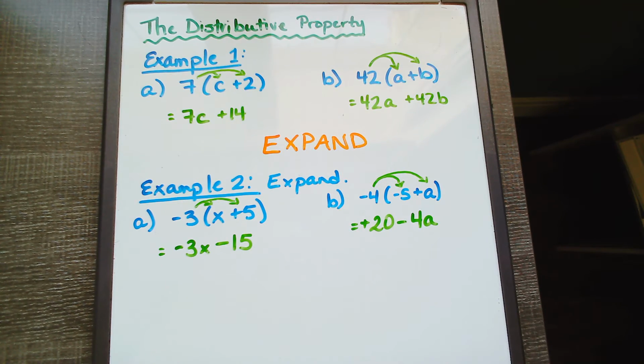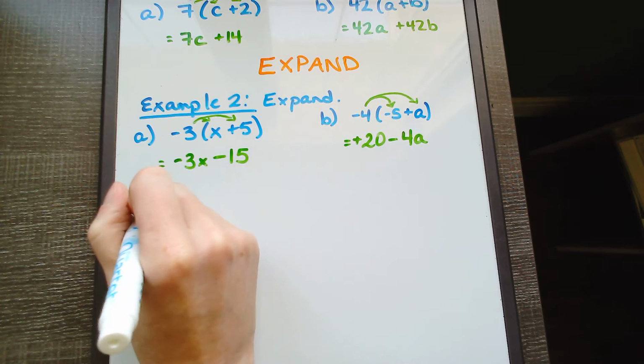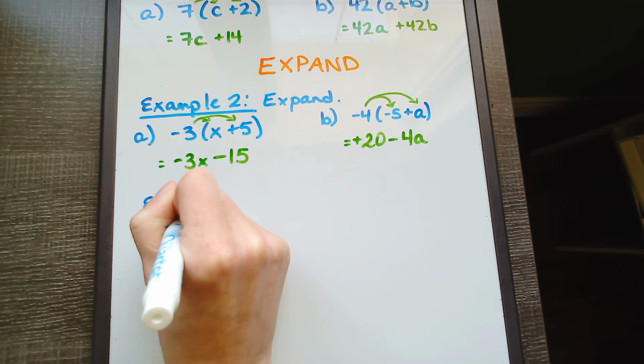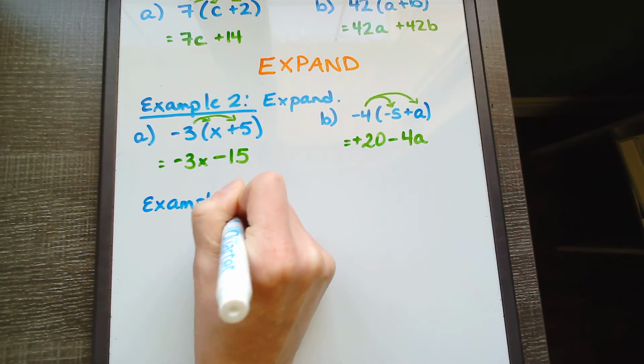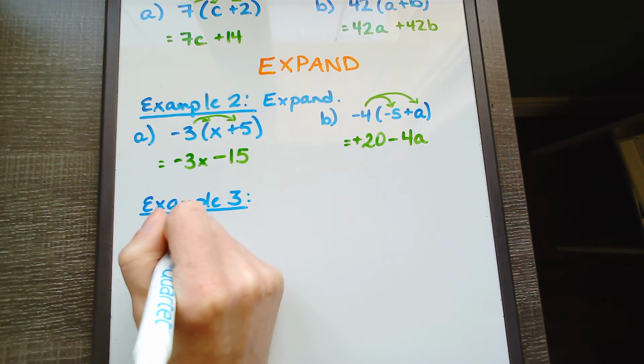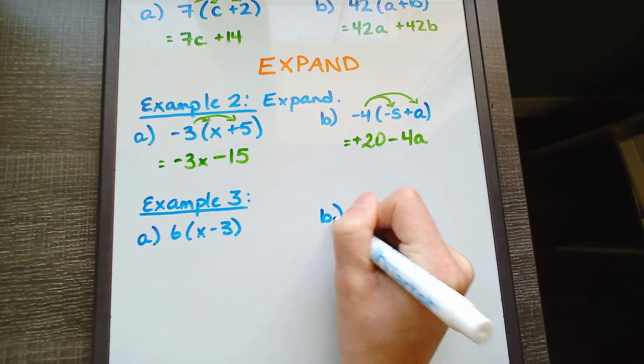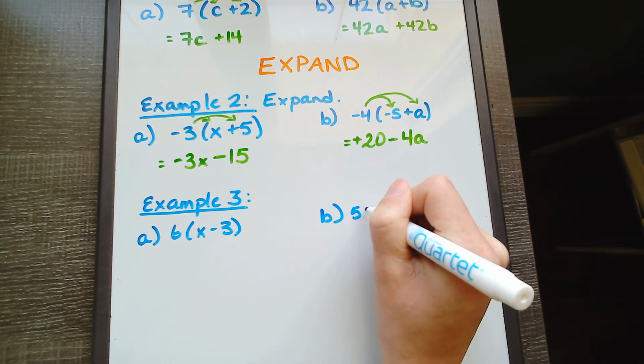Now we have another example here before you have some questions. So we are going to do example number 3. Again, it says expand, and we've got 2 examples here.